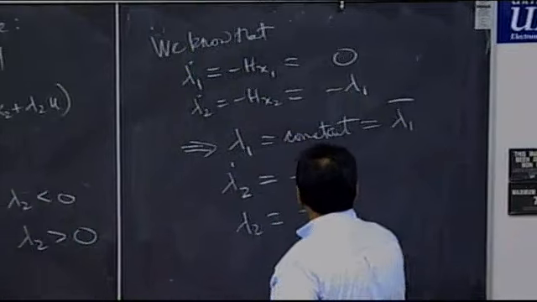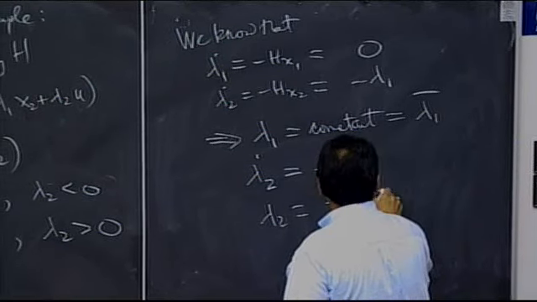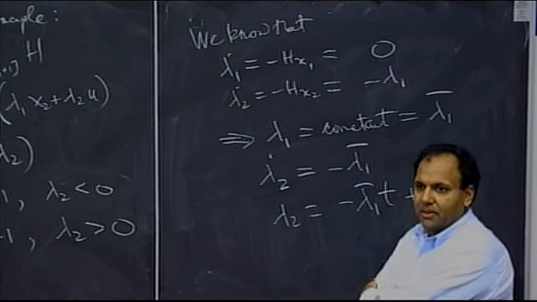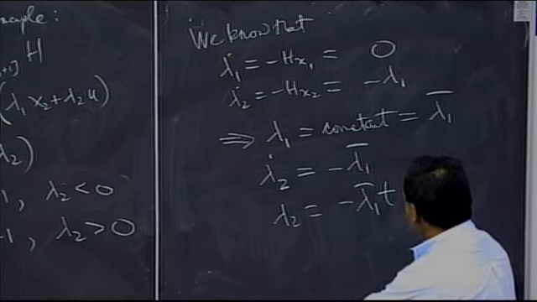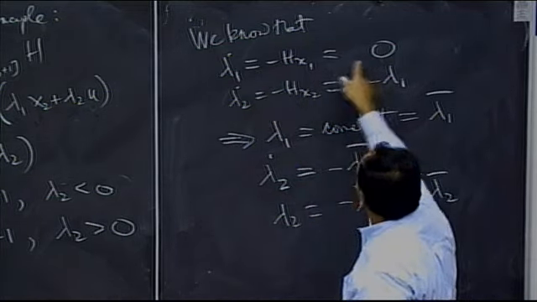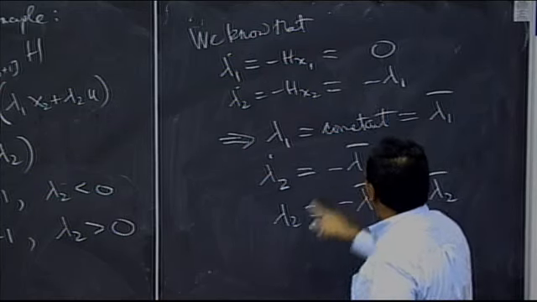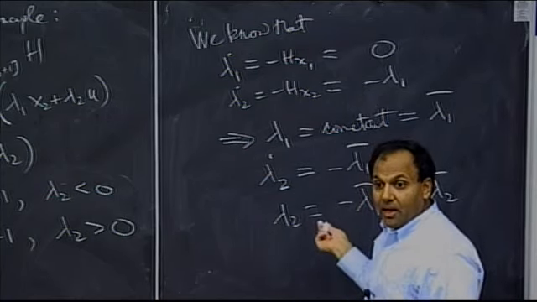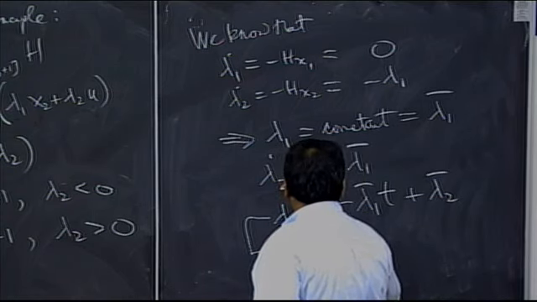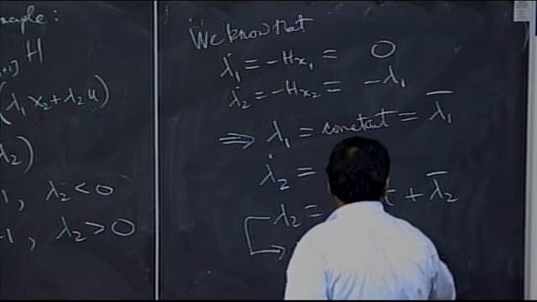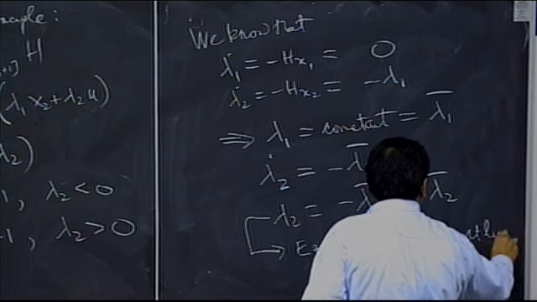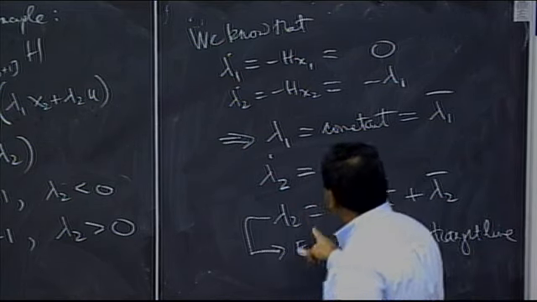It's equal to minus λ1 bar times t plus another constant, λ2 bar. So the first component of the costate is a constant, and the second component of the costate is a straight line. This is the equation for a straight line. So now we know that the optimal costate is a straight line.